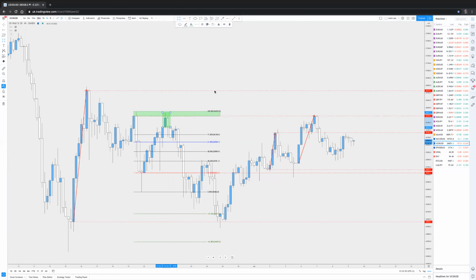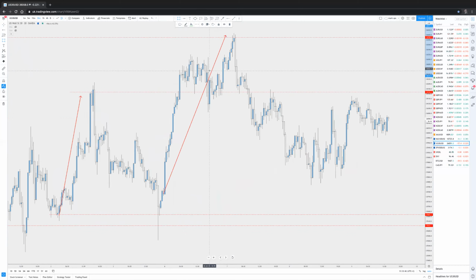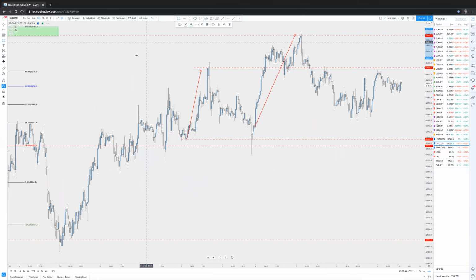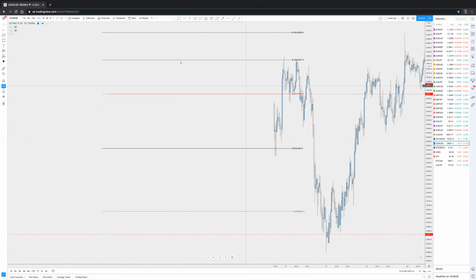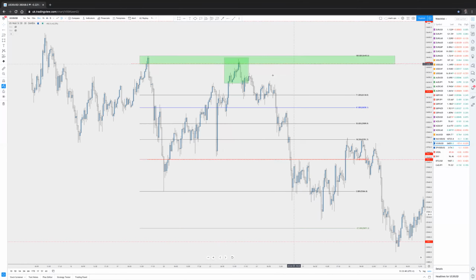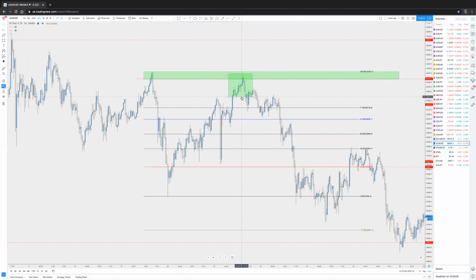So if we drop down, I'm not sure how far back. Okay, it's not that bad. So if we drop down, let's say to the M30 over here, we can basically see the structure change in this area. So we had a push to the upside, pullback, push again. I'd say that is at least a push down, breaking below that level.